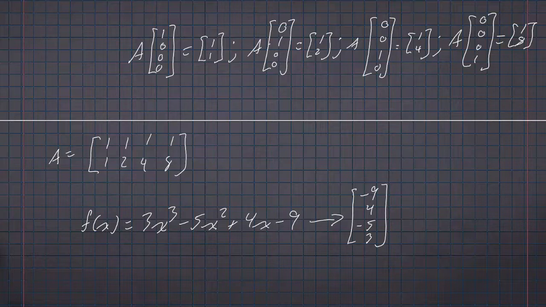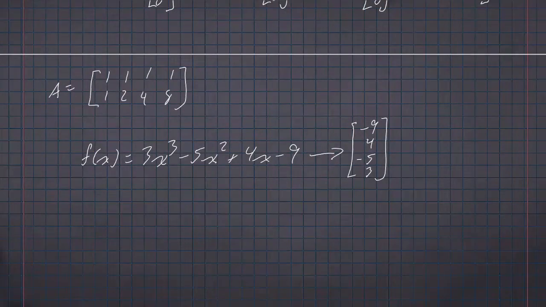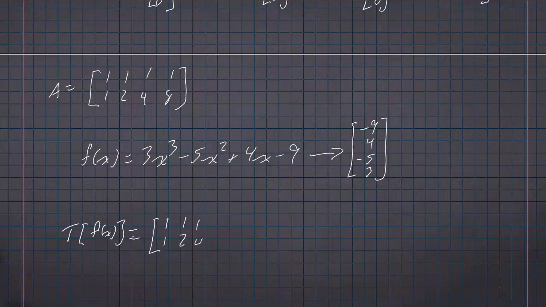Constant, coefficient on x, coefficient on x squared, coefficient on x cubed. That's the way we set up the isomorphism. Now, to evaluate T on f of x, that's the same thing as multiplying my matrix times my vector.